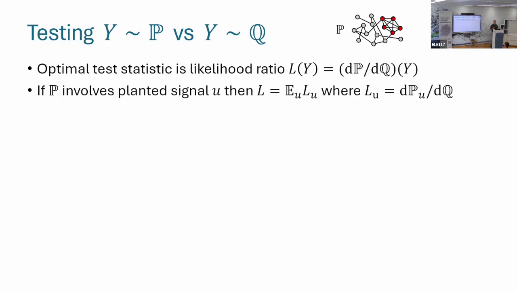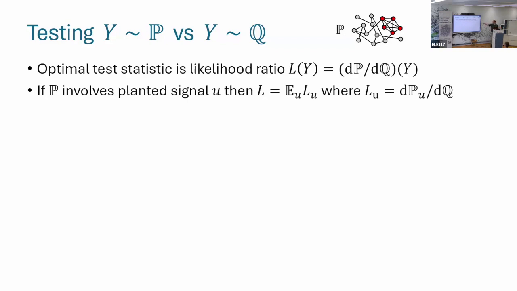And in that case, the likelihood ratio, because this planted distribution is a mixture over all the possible clique locations, is also an average over the clique position of all the individual likelihood ratios. So this expectation over U means that U is being drawn from whatever is the prior distribution of U in the planted distribution.